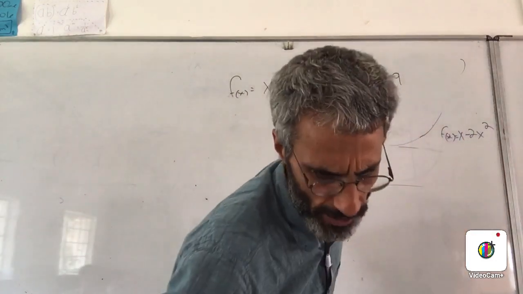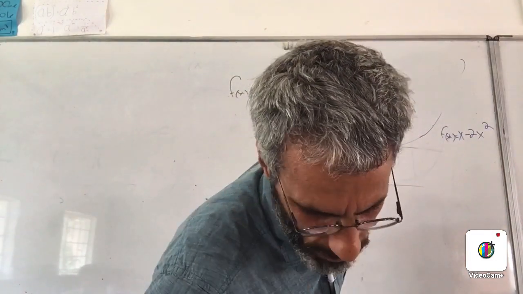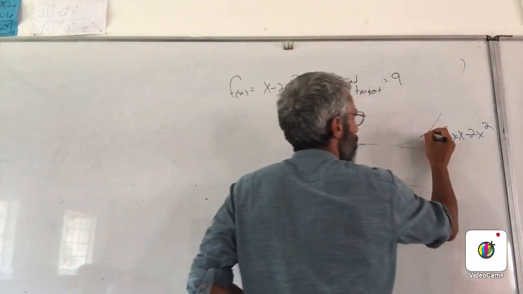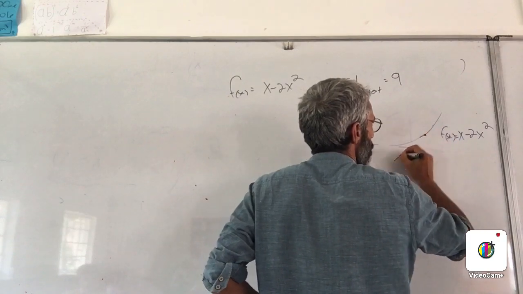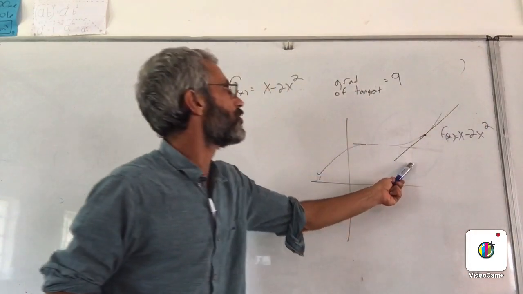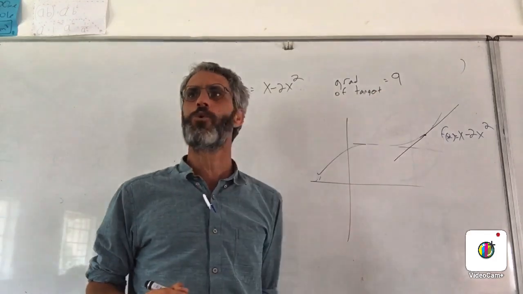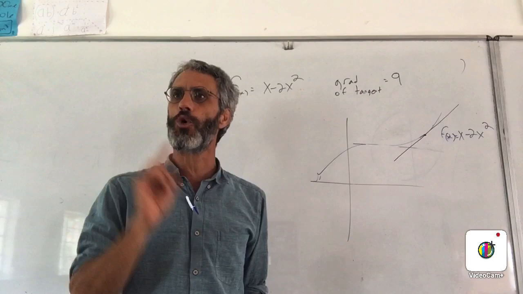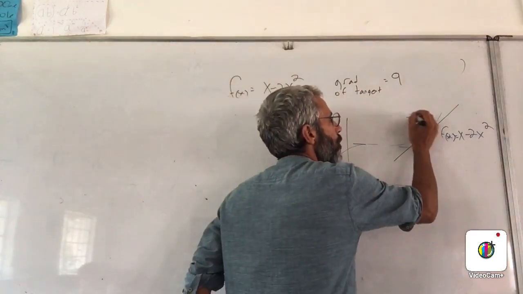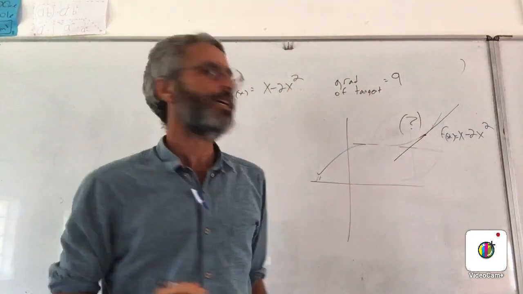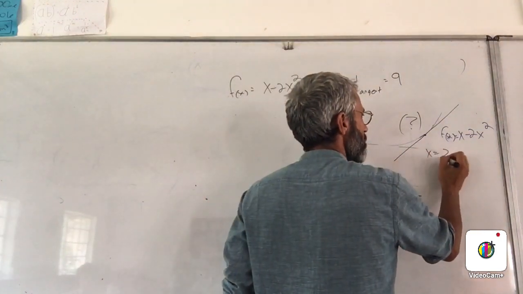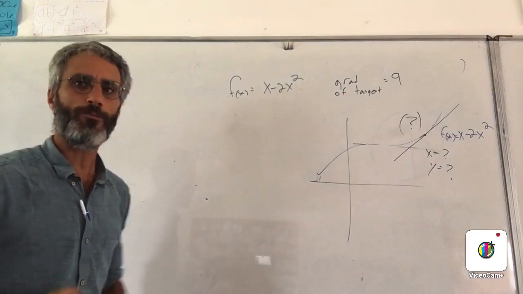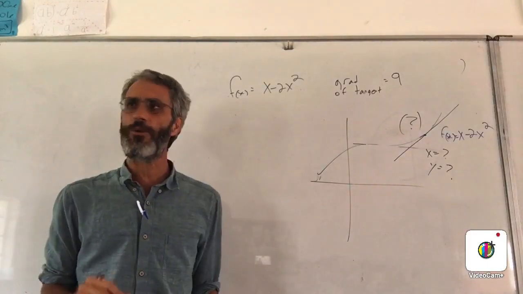Let's say we have a certain point of contact here, which I don't know where it is, but I know that the tangent has a gradient which is equal to 9. So instead of giving you the point of contact, I'm giving you the gradient. And my question is, what is the point of contact? In other words, what is the x and what is the y? So I'm doing really the same thing, but maybe a little bit in reverse.